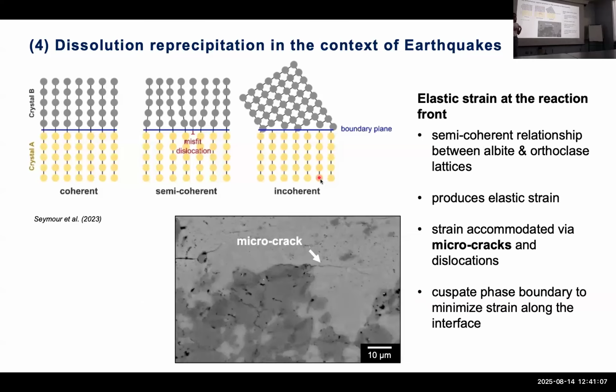What's important here is that the boundary between orthoclase and albite is a semi-coherent boundary. This leads to elastic strain accumulation at the boundary and can lead to microcracking as well. And we do have evidence of microcracking at this boundary between the two phases.